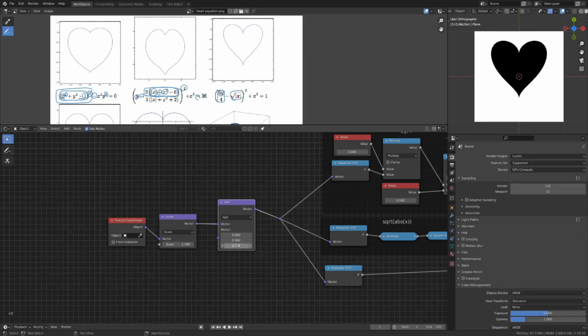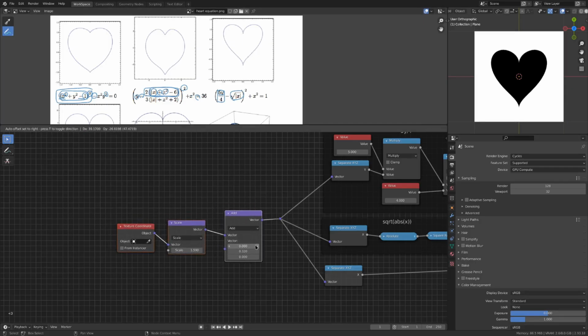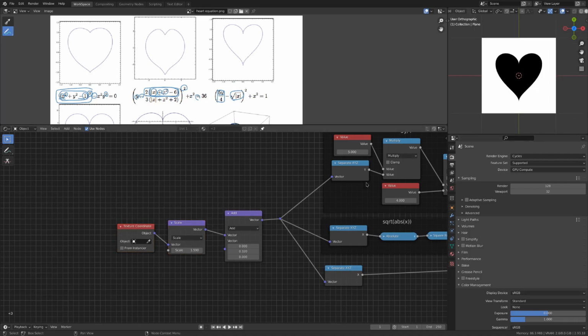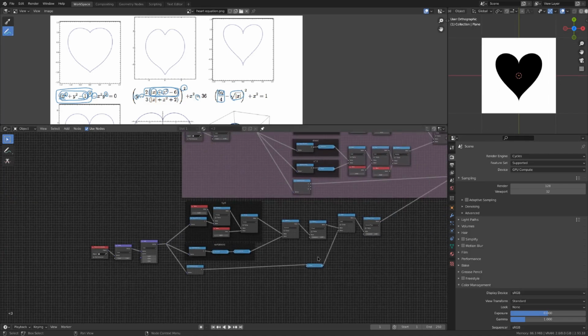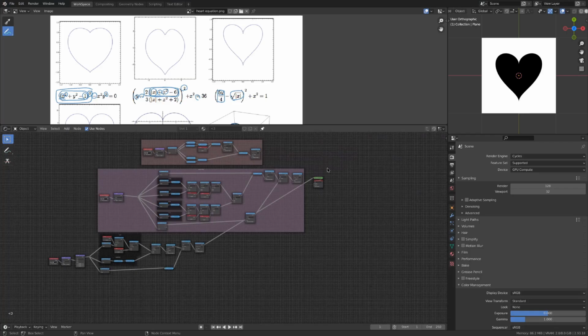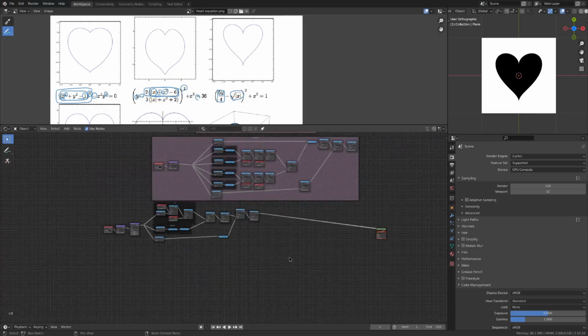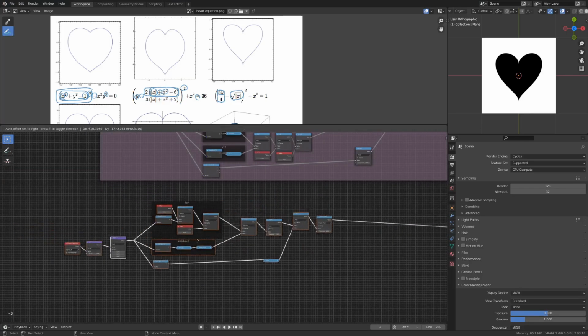X or z is not going to work because this is a 2D plane. So y, we can change it to make it slightly on the center, to make it look visually more appealing. Okay, I love this.